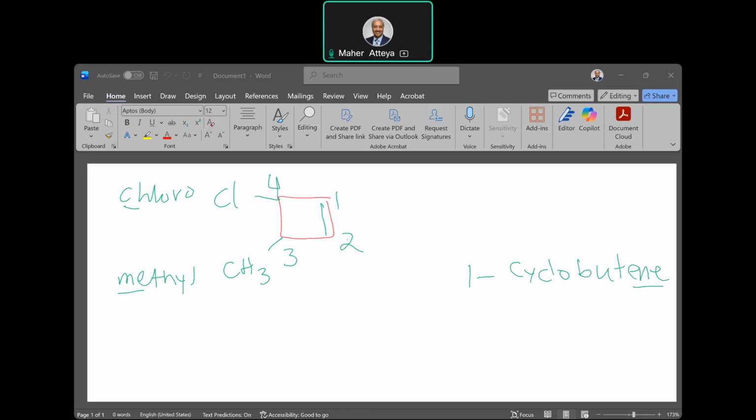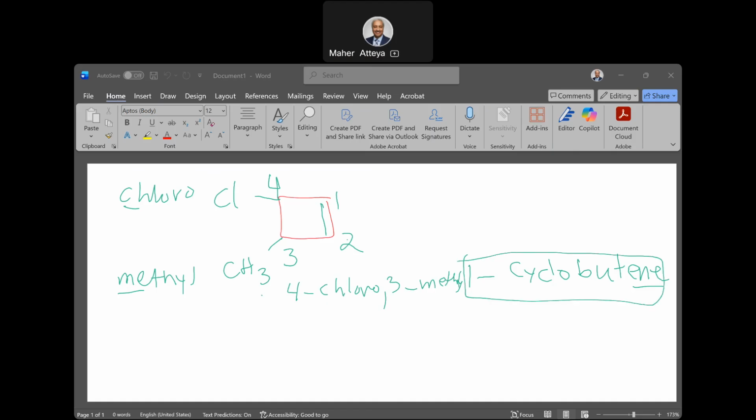That's a double bond there at number 1. Then the chloro will come, the C will come before M. Then you have here 4-chloro, and then 3-methyl-1-cyclobutene. That's about the cyclic.